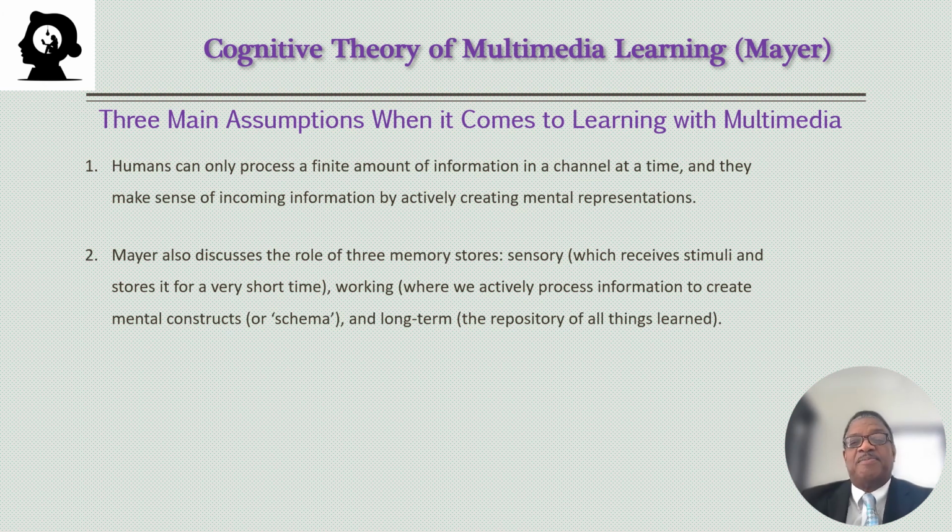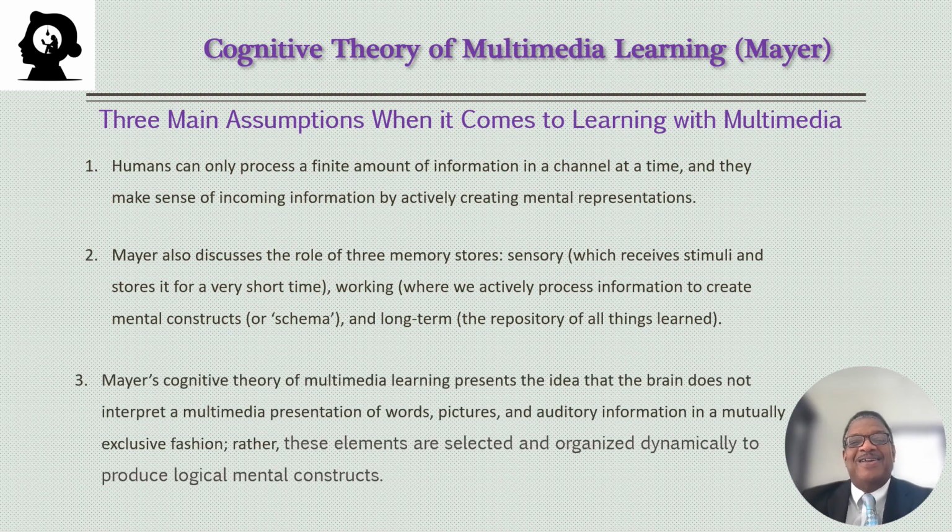That's our short-term memory. Working, where we actively process information to create mental constructs or schema. That's our working memory. And long-term, the repository of all things learned, which is our long-term memory. Bet you didn't know you were that complicated, did you? There's a lot goes into learning, and that's why sometimes we get a headache when it comes to learning.